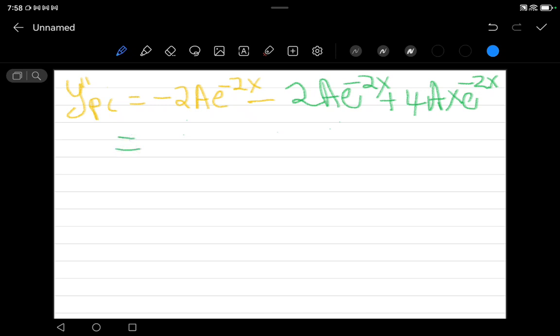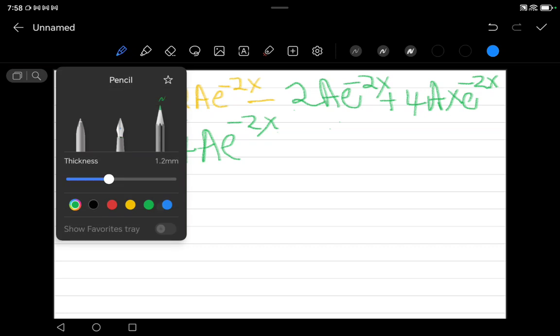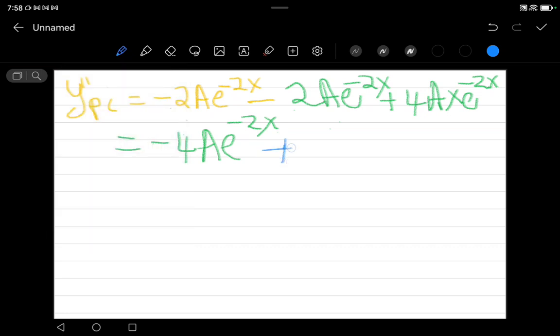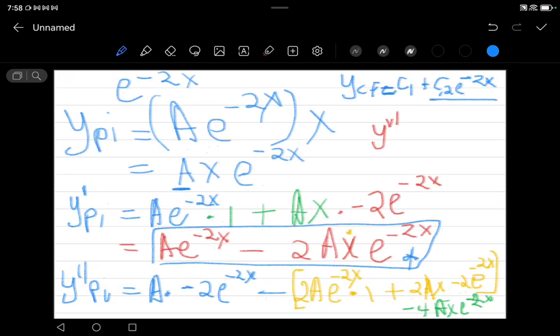Therefore we're going to have negative 2 minus 2 is going to be minus 4ae to the power of minus 2x. And then plus 4ax e to the power of negative 2x. And so this is our y prime prime, and then our y prime is ae to the power of negative 2x minus 2ax times e to the power of minus 2x.